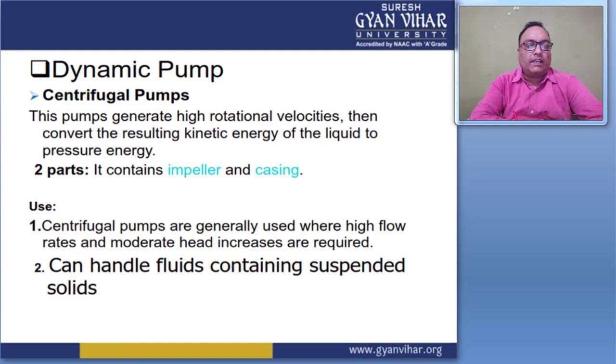And they can handle fluid containing suspended solids. The conclusion is that this type of pump is required where a high flow rate is needed but the pressure is less, but the velocity of the liquid is very high, and it can handle fluid containing suspended solids also.